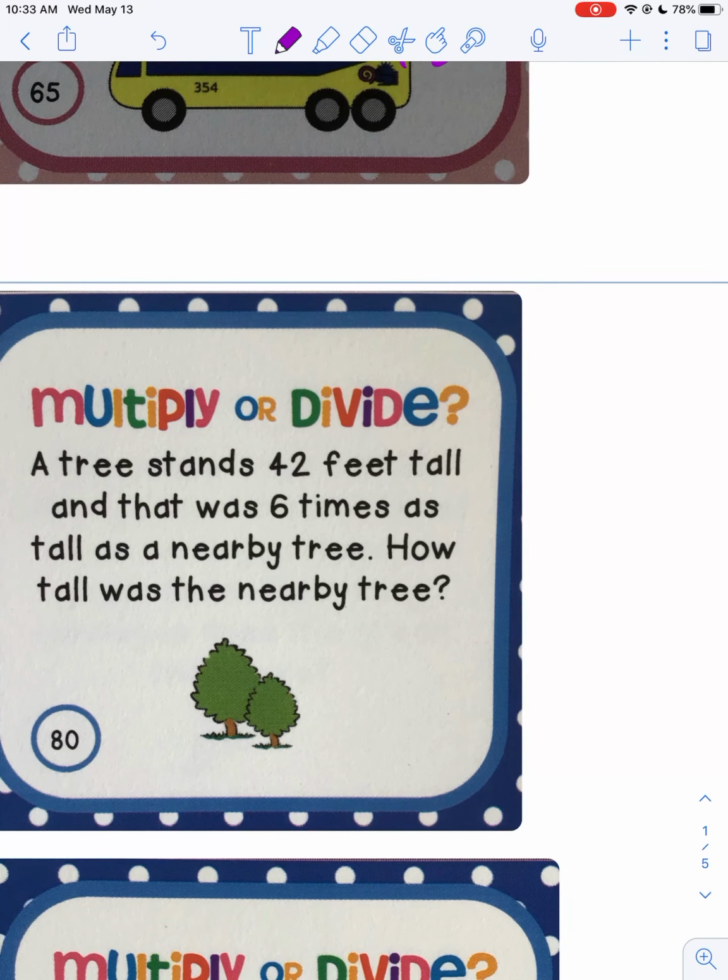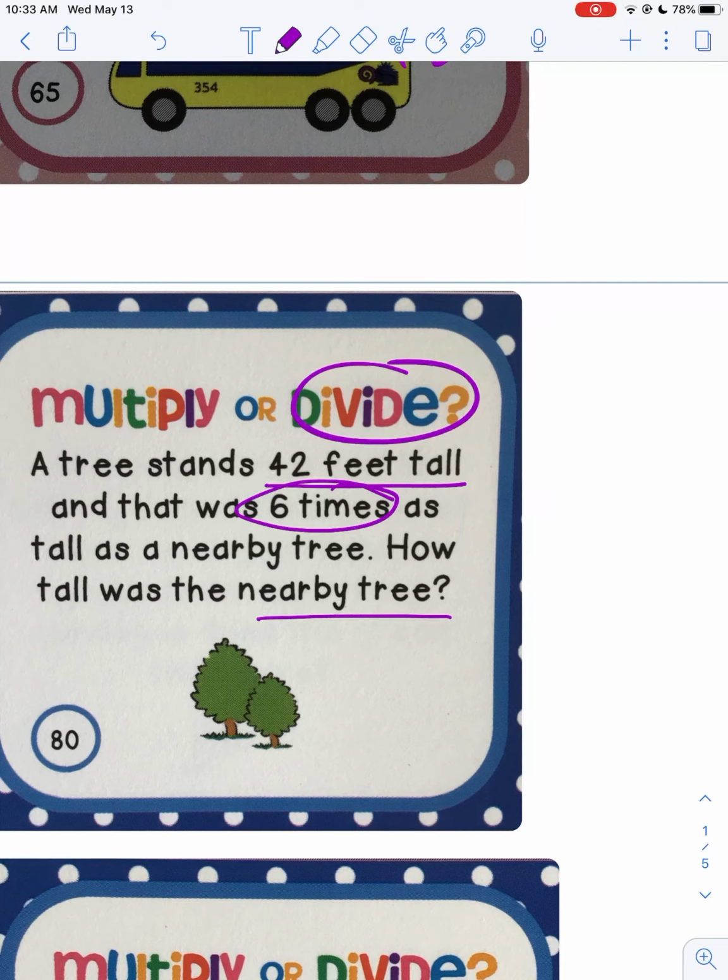A tree stands 42 feet tall. That is 6 times as tall as a nearby tree. How tall is the nearby tree? Well, what do we know? A tree stands 42 feet tall, and that is 6 times the height of the nearby tree. That means the nearby tree is much smaller.